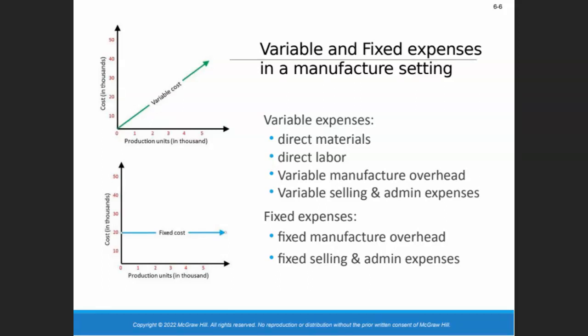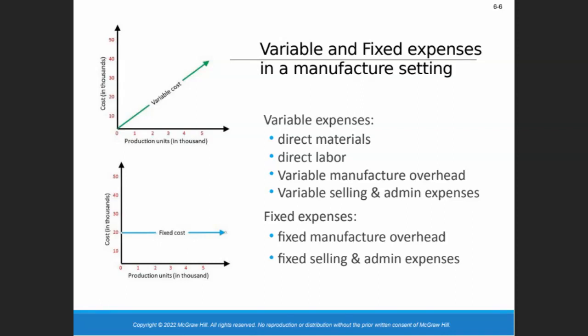You may have hundreds or thousands of parts as your direct material. Then you have the direct factory labor working on the products. Then we have the manufacturer overhead, separated into variable and fixed portions. Then all of your period costs, selling, general, and admin expenses, also have variable and fixed portions.